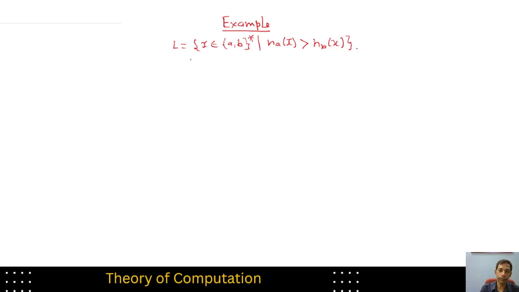Consider the language L equal to the set of X taken from {A, B} star such that the number of A in X is greater than the number of B in X. Here, instead of the language, you will be given the grammar.